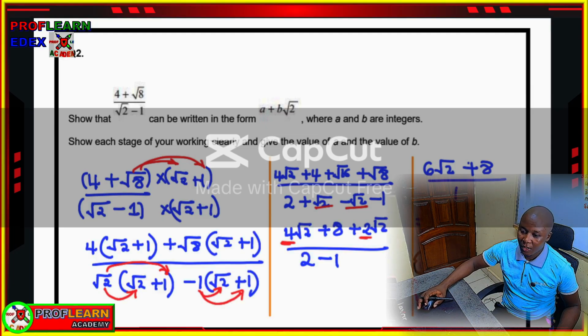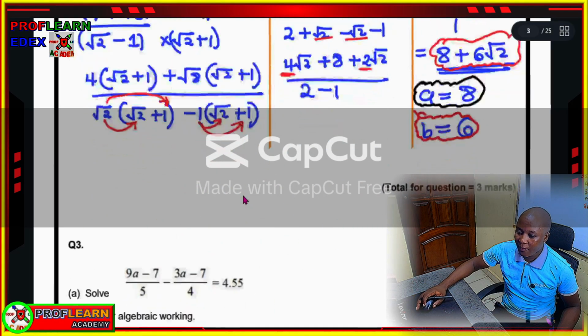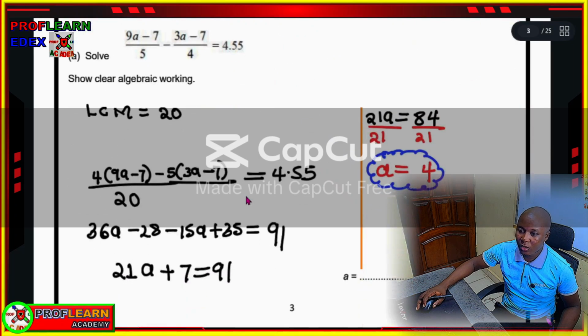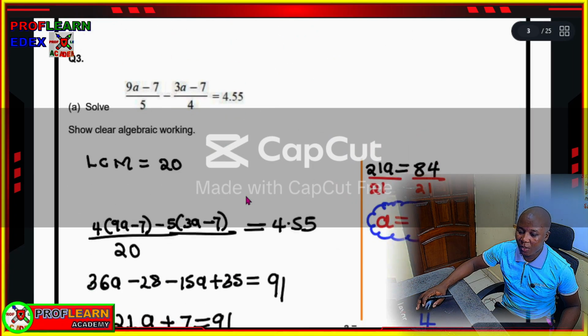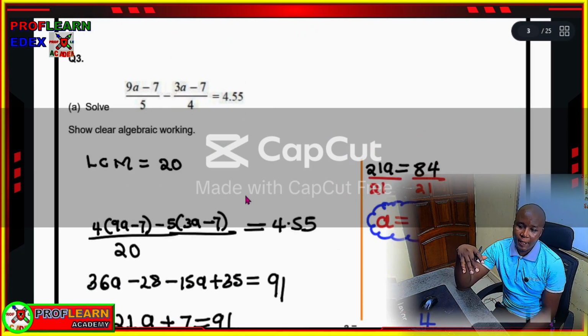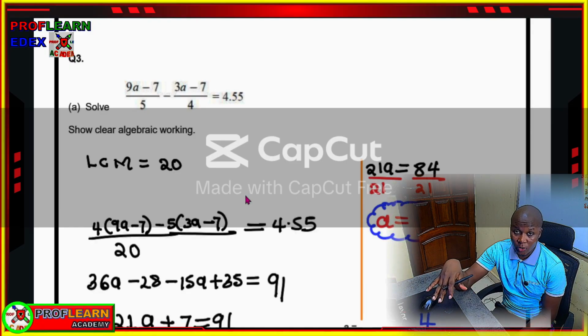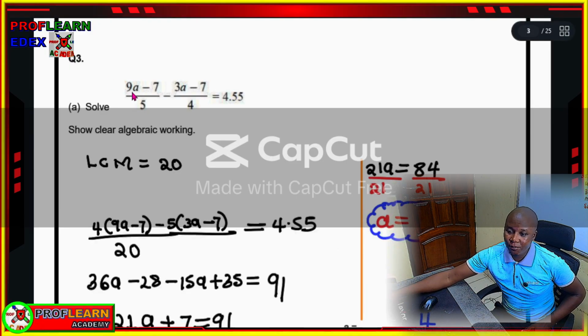Right. Moving to the next part, we need to look at the next question. This one is also trying to check whether you've understood how to solve questions which are like this. We are given (9a minus 7) over 5 minus (3a minus 7) over 4 is equal to 4.55.